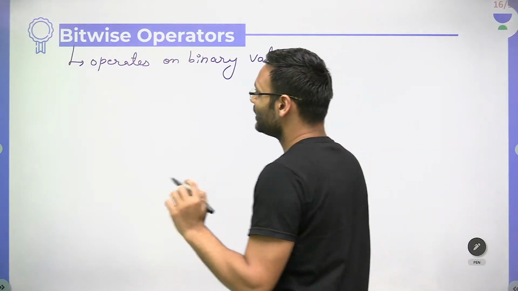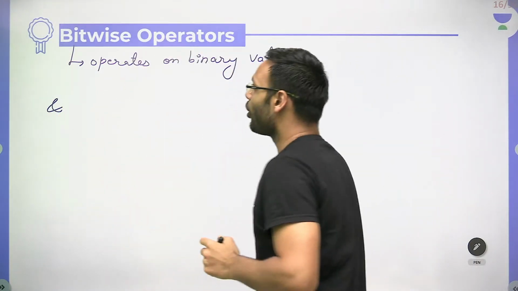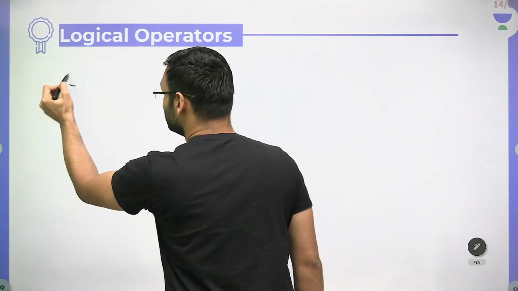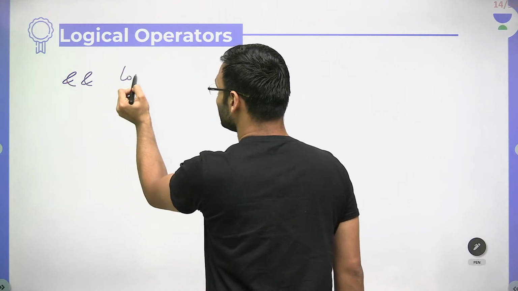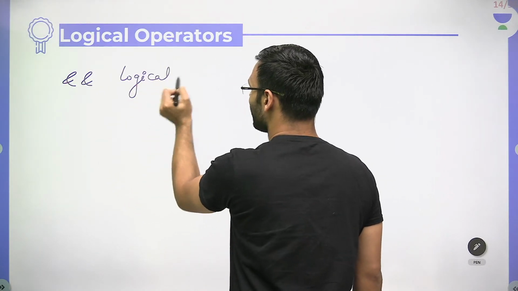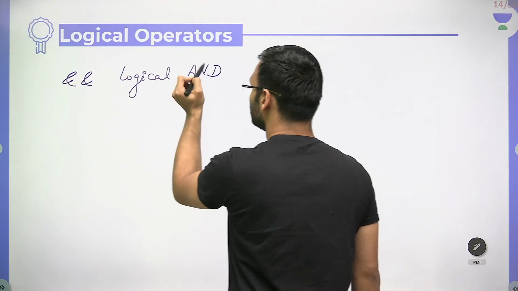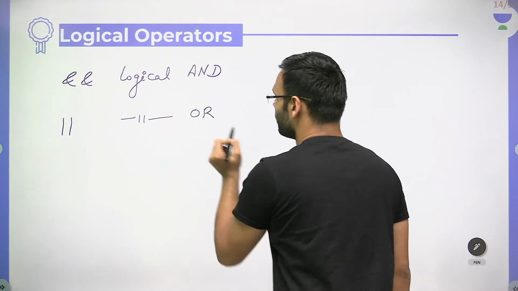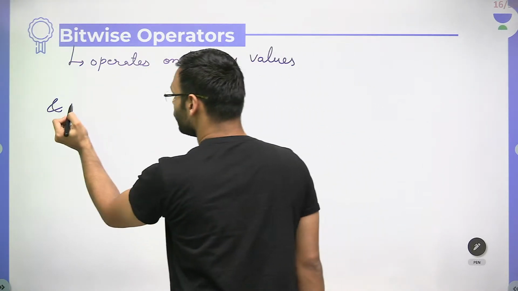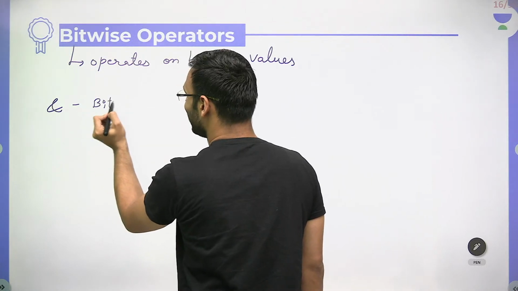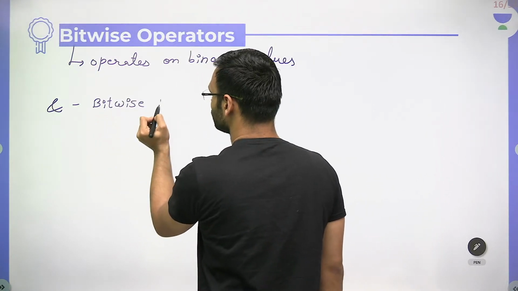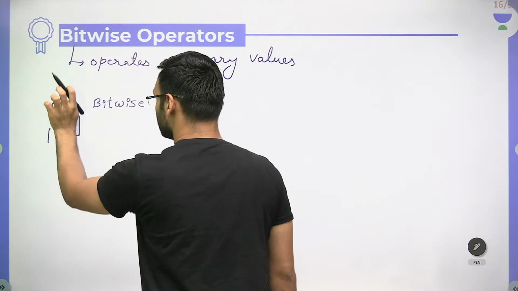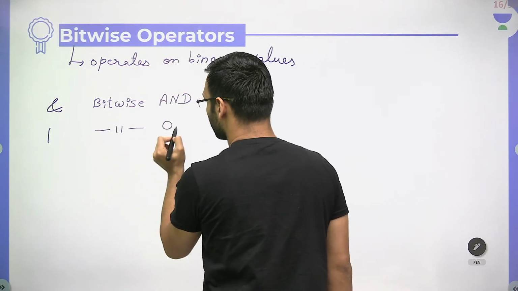So let's take a simple example. What are the operators we have? This is the single ampersand. Yesterday I explained that double ampersand is called logical AND, and the double pipe symbol was logical OR. But we also have the single ampersand, which is called bitwise AND, and the single pipe symbol, which is bitwise OR.